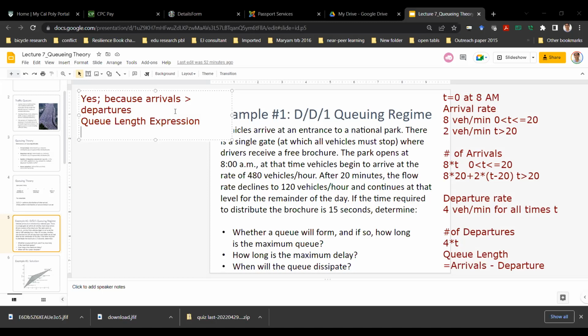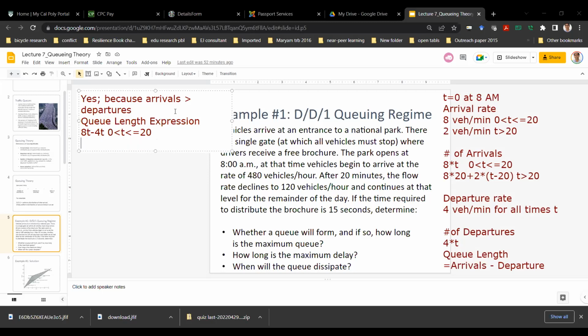So yes, it will be a piecewise function that will have a break at t equal to 20, because 8t minus 4t will be the queue length for the first 20 minutes. This will be your queue length, right?